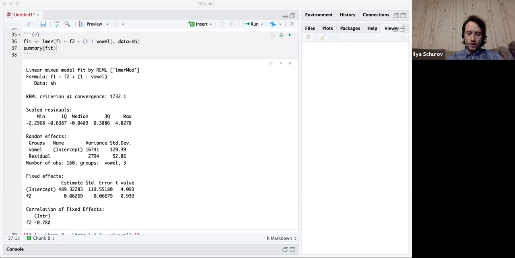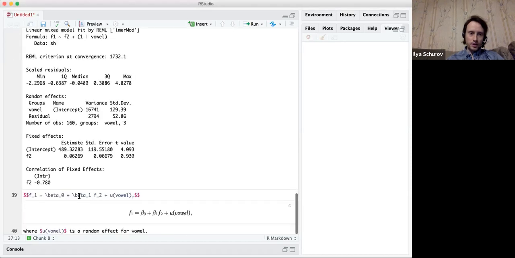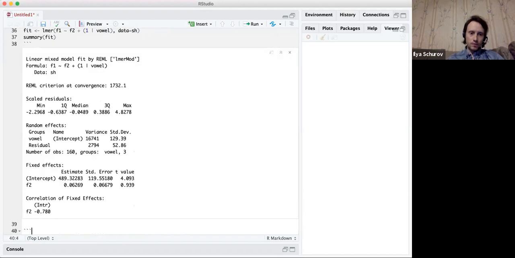Is it possible? Okay, there is another package, lmerTest, that allows us to find the corresponding p-values.